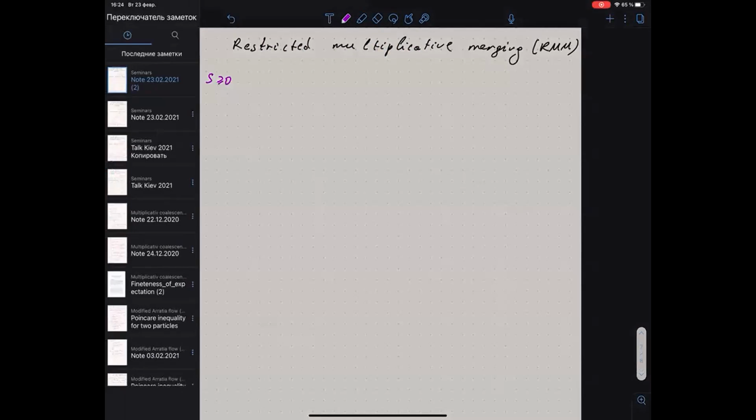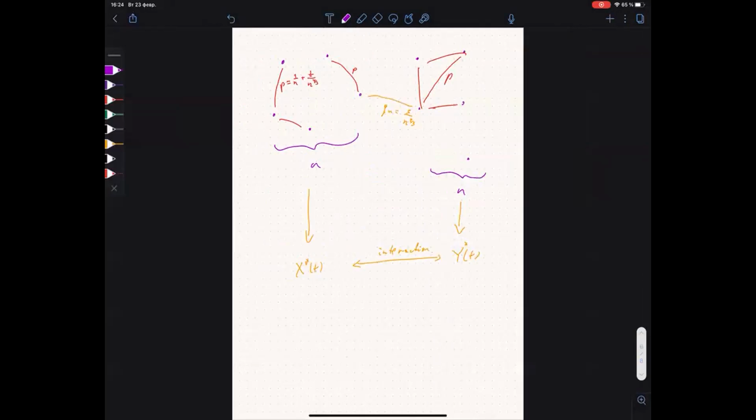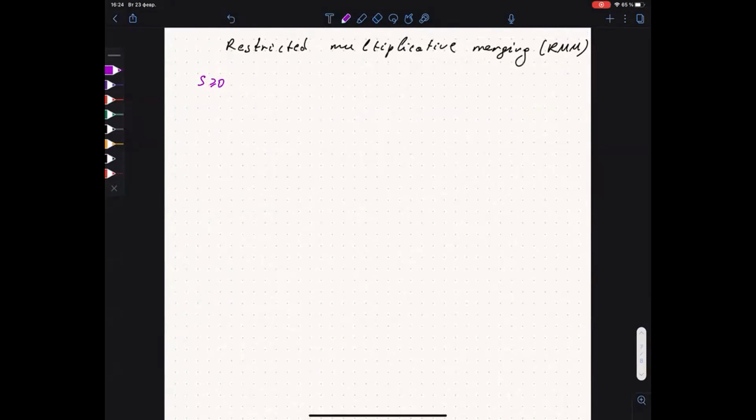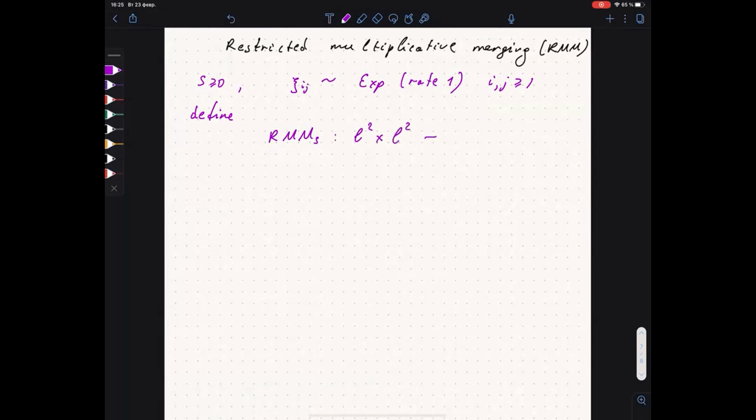I mean, it is the same s which is here. And also, let's take independent identically distributed random variables ξ_ij with exponential distribution with rate 1, where i, j are larger or equal than 1, and define the map RMM_s from L2 times L2 to L2 decreasing sequences as follows.